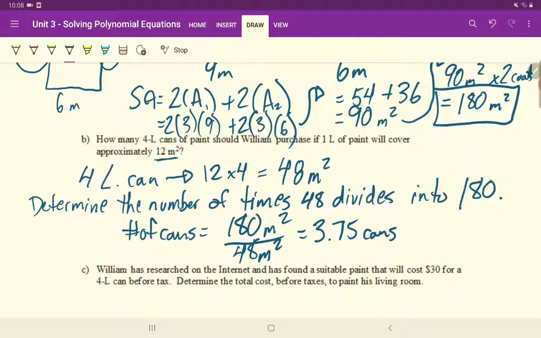Now we know that we're not going to go out to the store and buy 3.75 cans. It's always good to buy a little bit more than you think you need anyways. So let's round up to 4 cans altogether. So 4 cans is how much paint we'll need to do 2 coats of this room.